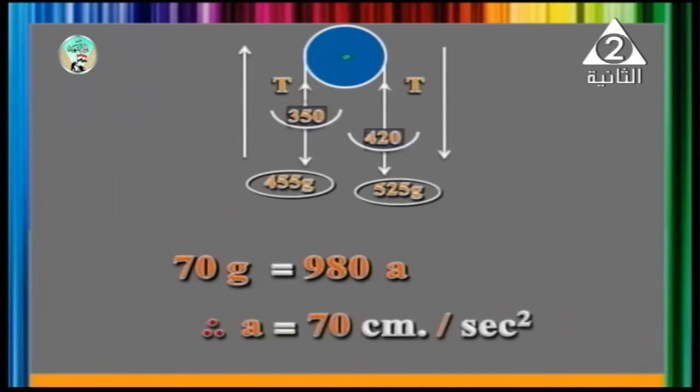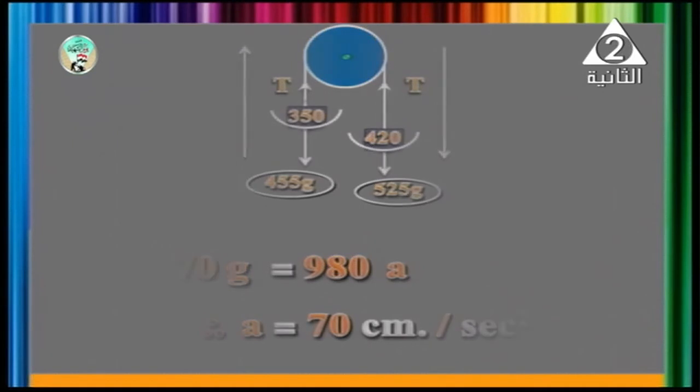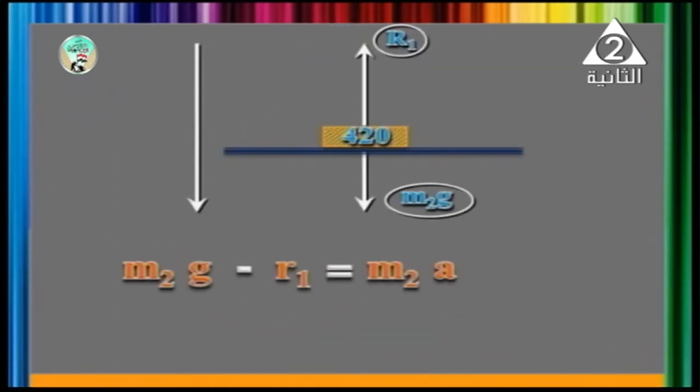My dear student, look at 420. What is the reaction R1? We know that M2G minus R1 equals M2A.